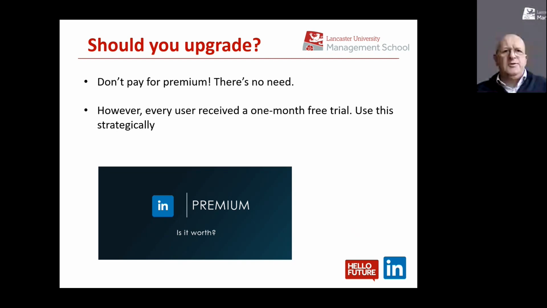Just before I finish, once you join LinkedIn, you'll regularly get requests to upgrade to LinkedIn Premium. There's absolutely no need for the vast majority of people to do that. You should take up the 1 month free trial.